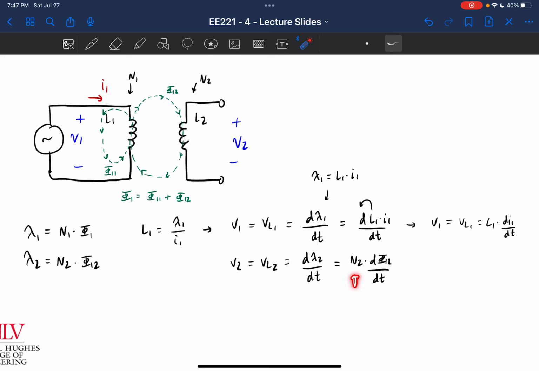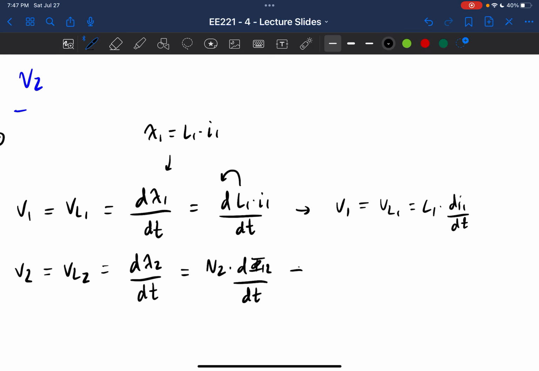But we want to write an expression for the voltage V2 that makes sense to us. Right now we're looking at the number of turns and the rate of change of this flux, not super satisfying. But because we know that this flux was induced by I1, we can rewrite this expression as N2 times d phi 1,2 di1, so the rate of change of the flux linking coil 1 to coil 2 with respect to current 1, multiplied by di1 by dt.